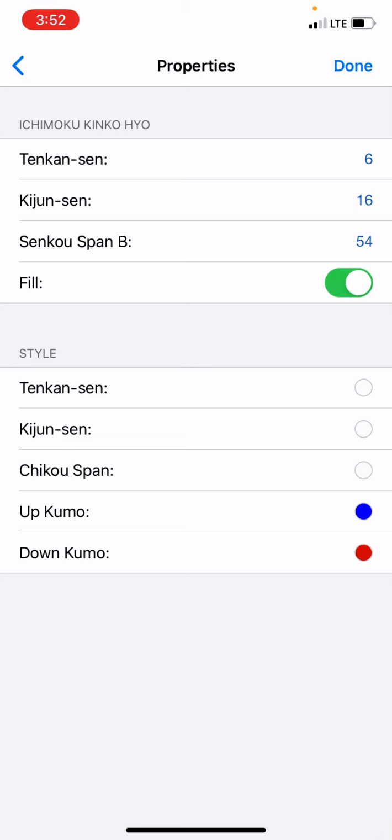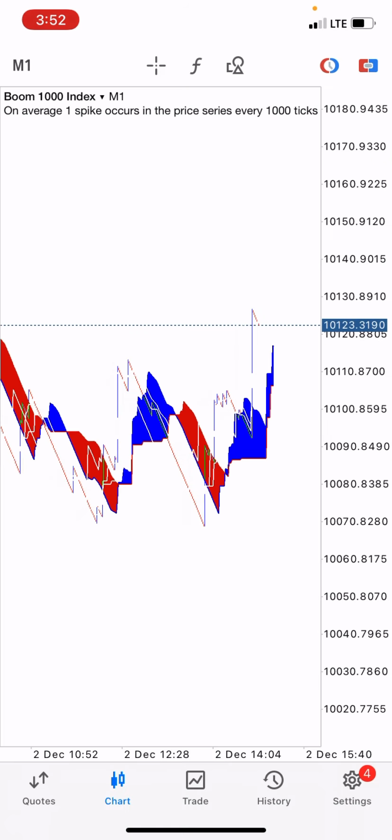For the style, the Tenkan, Kijun, and Senkou Span should be the color of your chart background. My chart background is white, that's why the three are white. Then the up Kumo and down Kumo should be the color of your candlestick. Up Kumo for bullish, down Kumo for bearish. Then you click done.